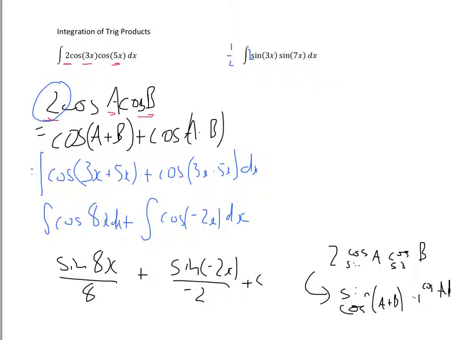Okay, so now we've got exactly what we want. 2 sine 3x sine 7x. And you find the formula, and that's the one that says sine, so that's 2 sine A sine B is cos A minus B minus cos A plus B. Okay, so we'll do that.